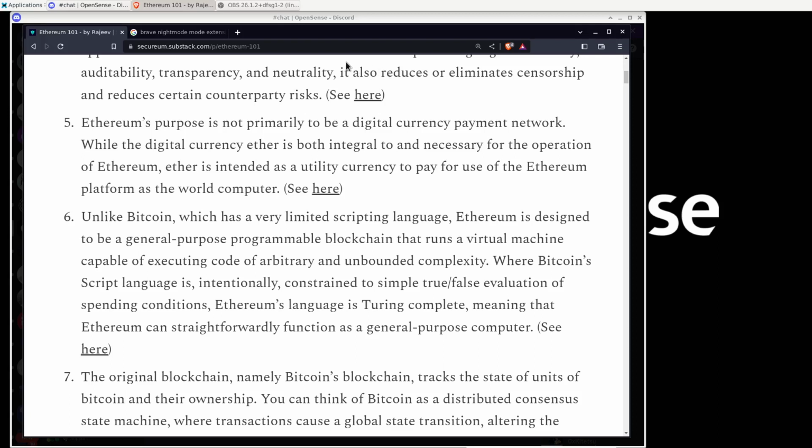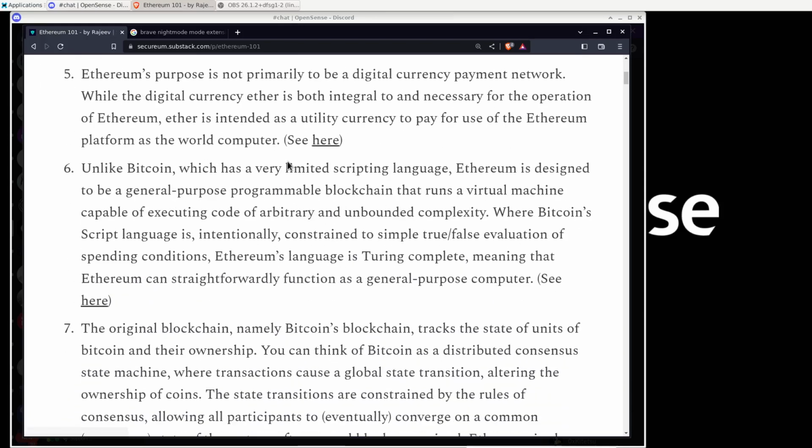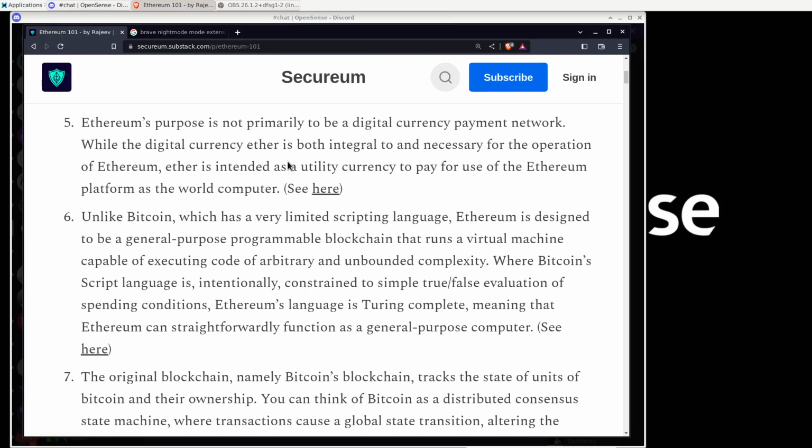While the digital currency Ether is both integral and necessary for the operation of Ethereum, Ether is intended as a utility currency to pay for the use of the Ethereum platform as the world computer. They're pretty much saying the same thing on the first five items, but that's okay.